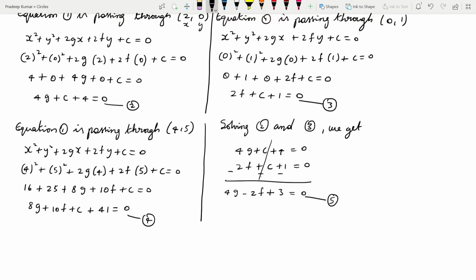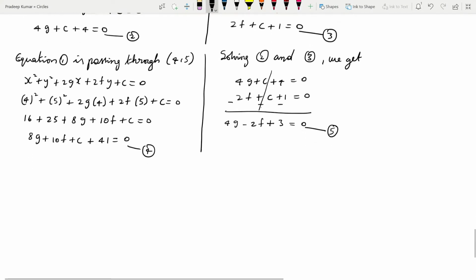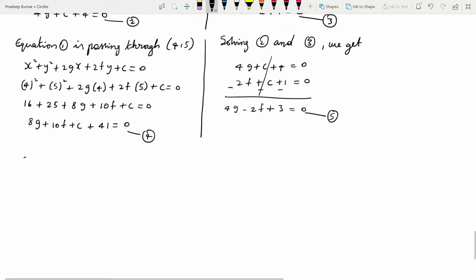Let's say it is equation 5. So now we have solved 2 and 3. Now we'll be solving 3 and 4, and let's see what we could do. Okay, so I'll just write here solving 3 and 4.